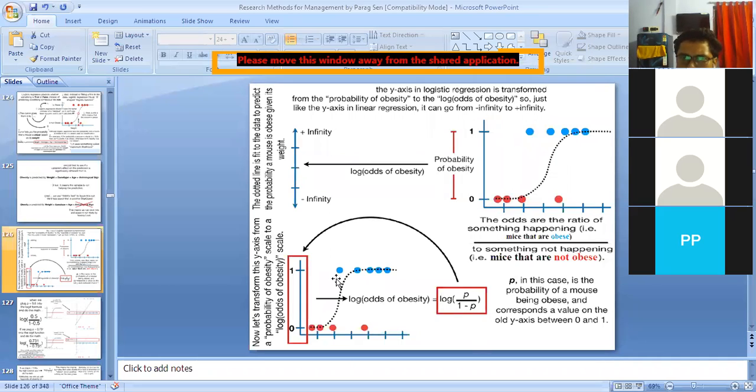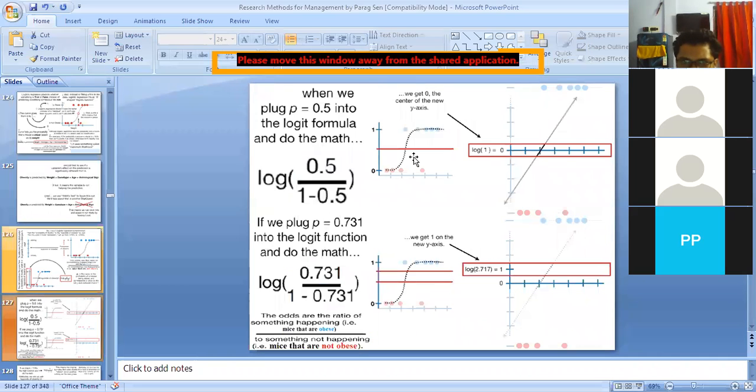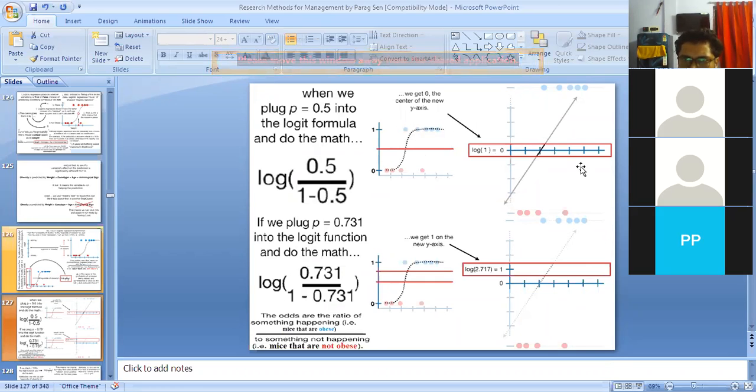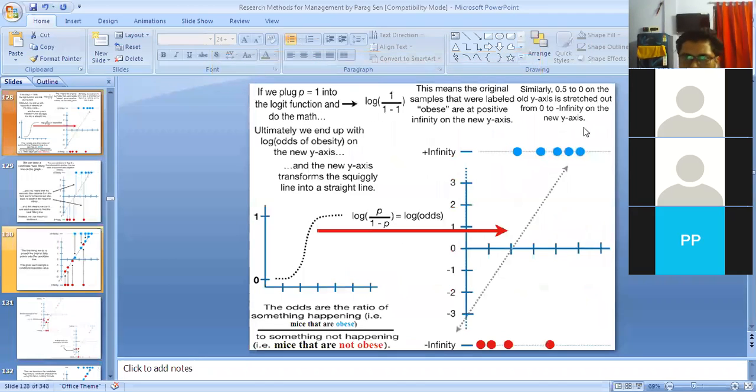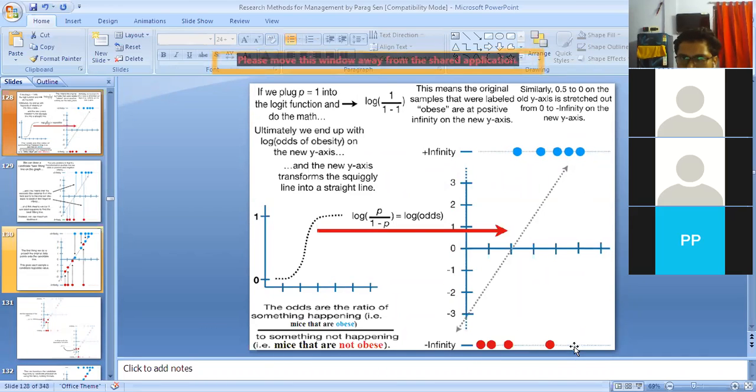After this transformation, you will convert all these values and plot them here again, and your values will lie from plus infinity to minus infinity.